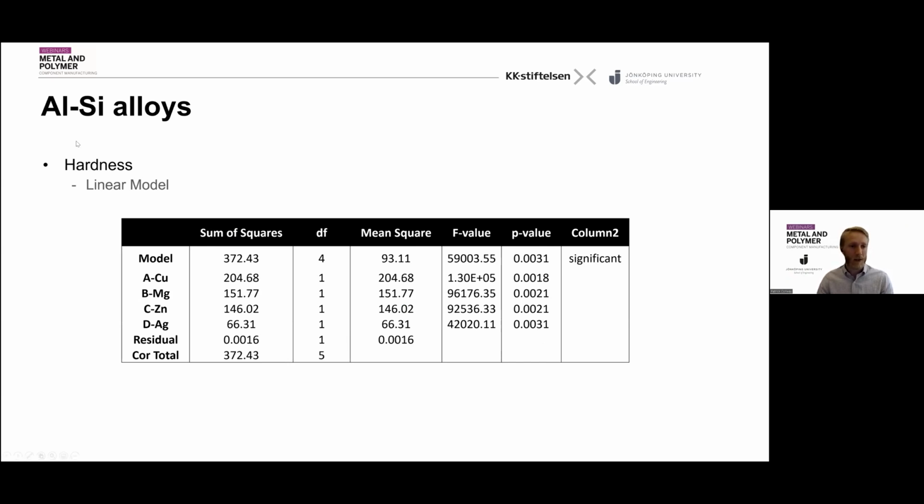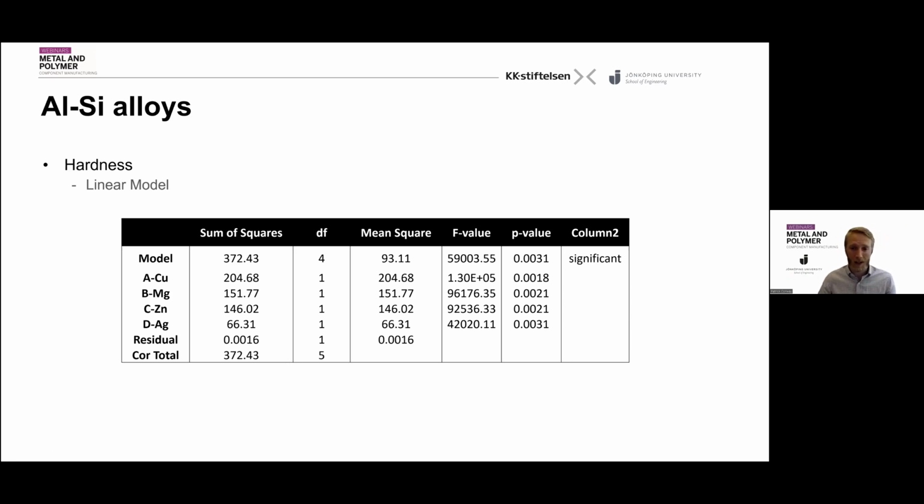And you can see if we look at just the hardness response from our different elements, we have quite a good significance of p-value, but also quite a high f-value. This f-value is basically showing that the higher the number, the less chance that the model is being affected by, or could be just considered as, background noise.